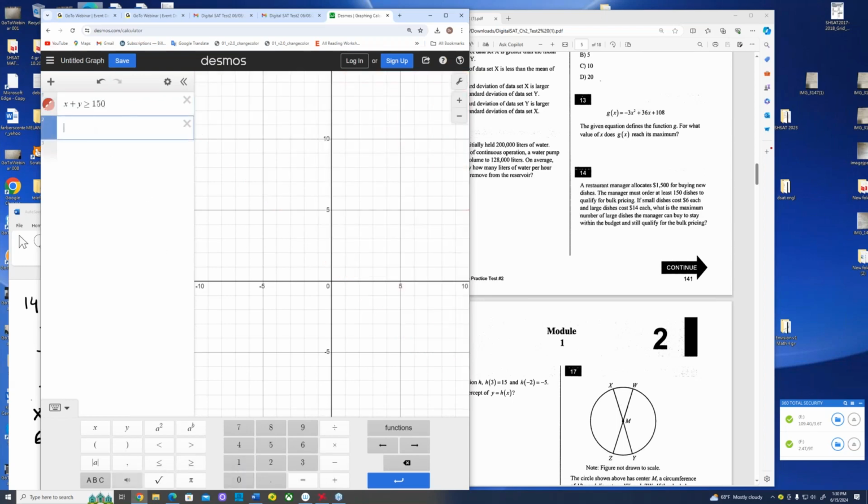And the second one is, I believe, 6x plus 14y supposed to be less or equal to 1500.